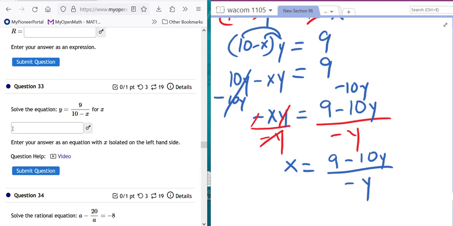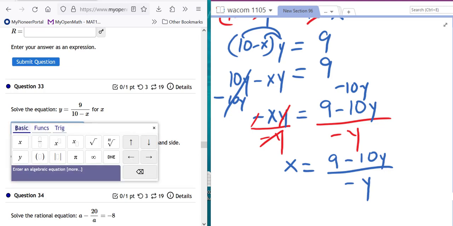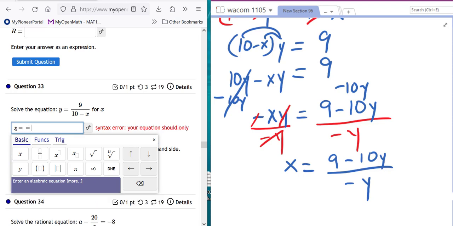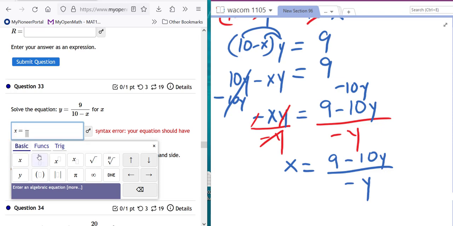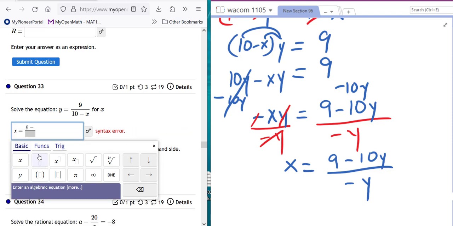Enter your answer as an equation. All right, so I should have x equals fraction 9 minus 10y over negative y.